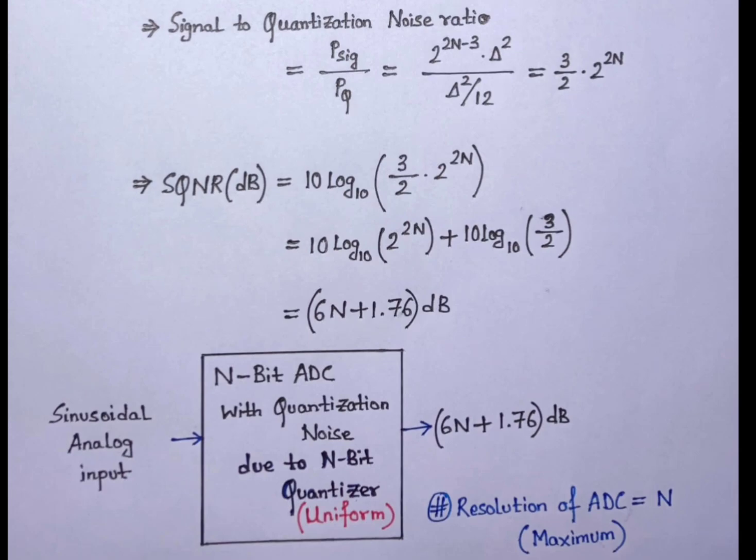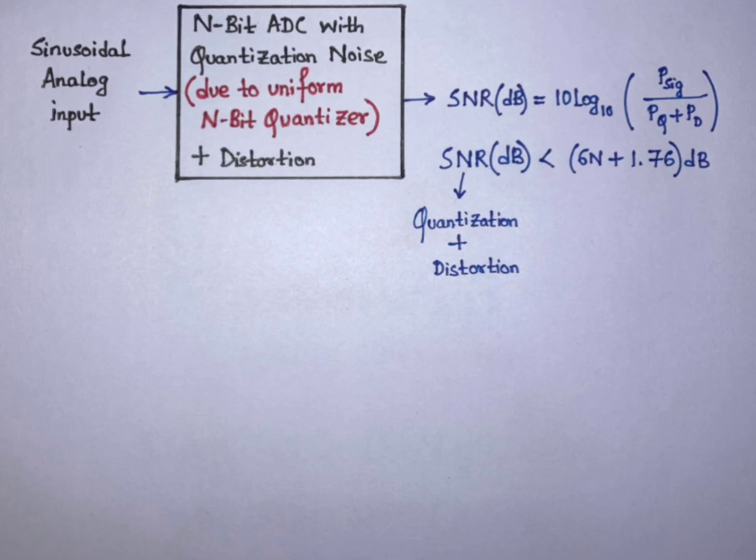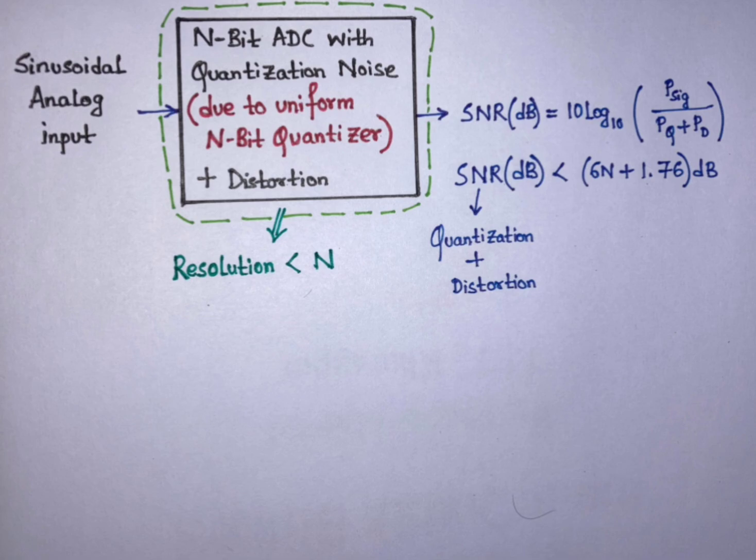Only in that case will this n-bit ADC behave like an n-bit ADC. It means the effective number of bits will be n, and the resolution of the ADC will be maximum, which is n. If other than quantization noise there are any other noises, or there is distortion, then the resolution will be lesser than n, and your SNR will also be lesser than 6n plus 1.76 dB. It will not behave like an n-bit ADC, because the resolution of that ADC is lesser than n bits.